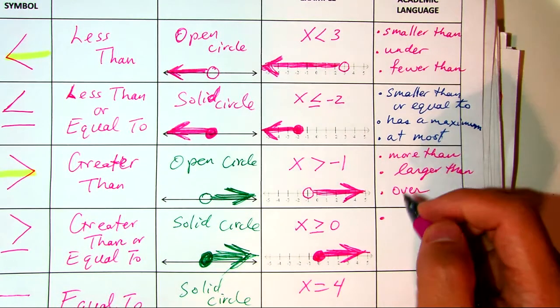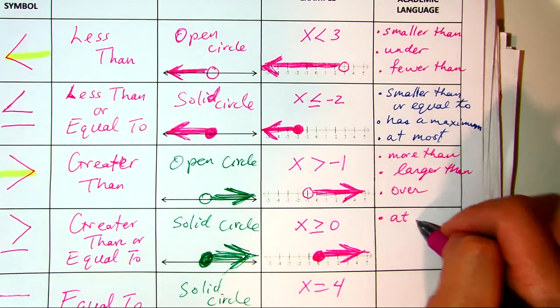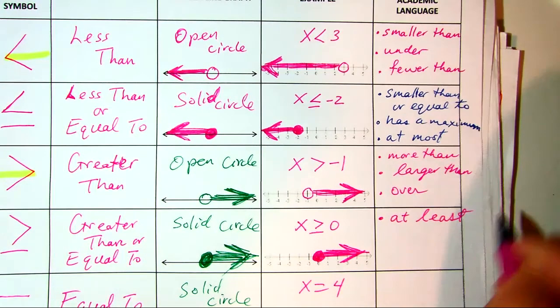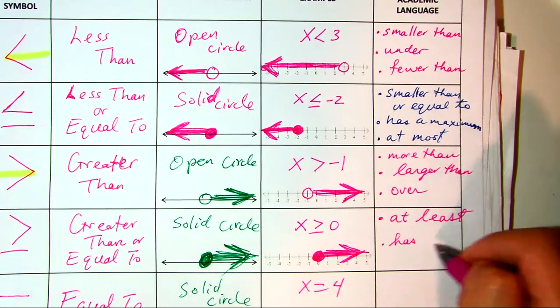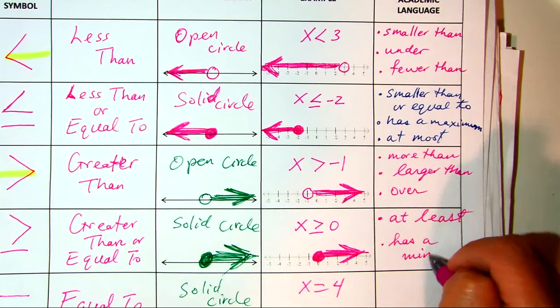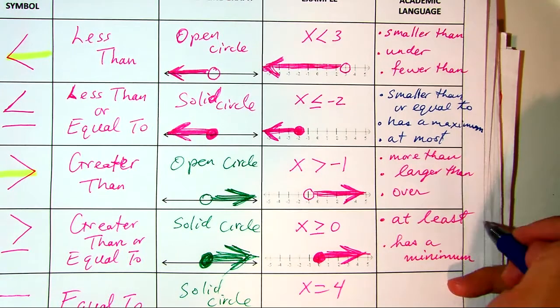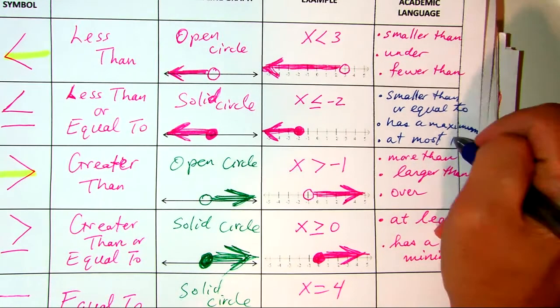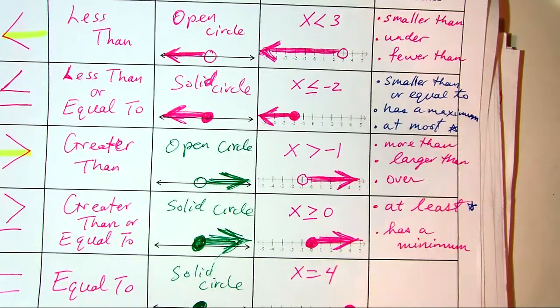The next vocabulary that tends to confuse students is at least. Has a minimum. These two are the ones that usually confuse us. So I hope you try to remember that.